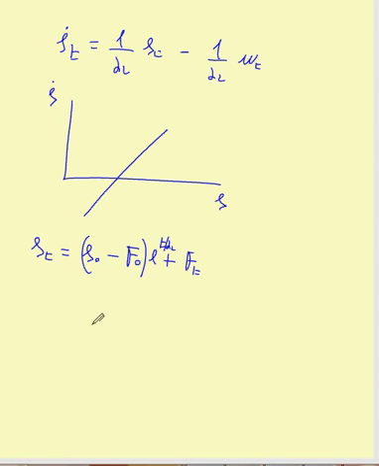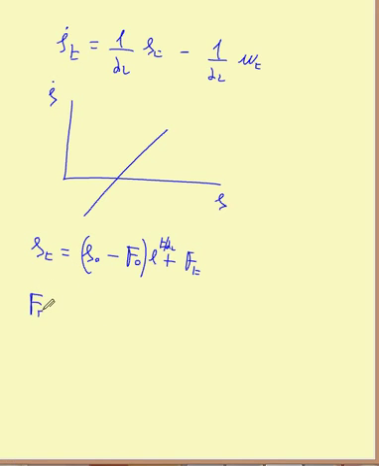Okay, I define Ft as 1 over alpha 2 integral between t and plus infinite, so forward looking between t and plus infinite, omega v e to the power of minus v minus t over alpha 2 in the v.